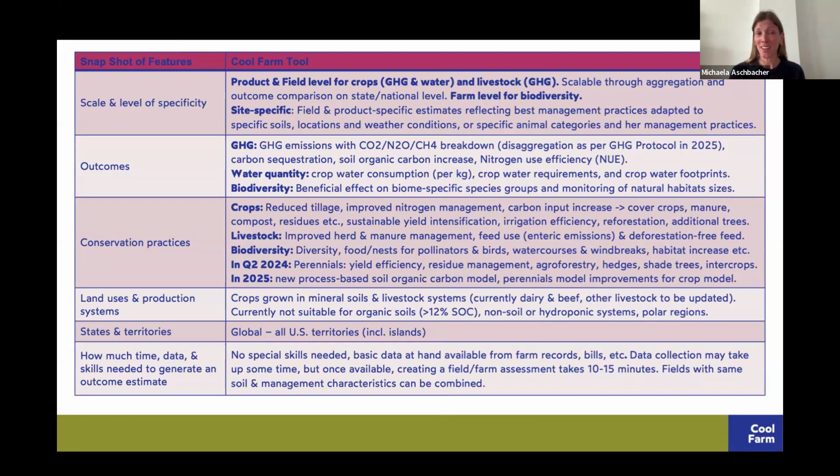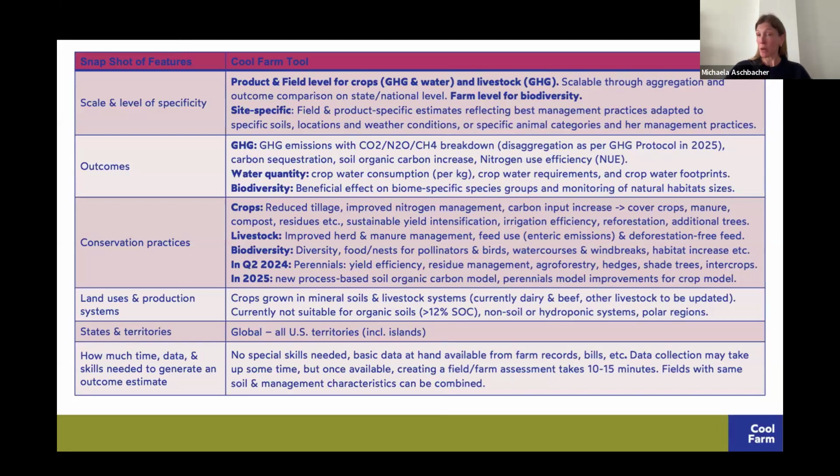Biodiversity itself has many different outcomes. It's actually a score that you get, and the score shows the beneficial effect of different practices on species groups that you have in your own biome. Exactly. So it's kind of a scoring system, and it also shows habitats percentage you have on your farm.